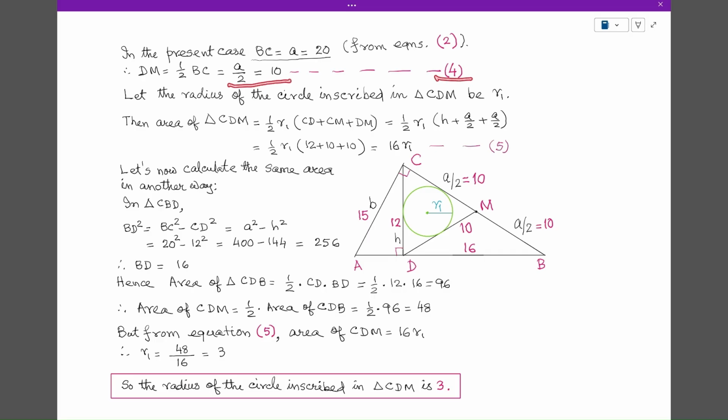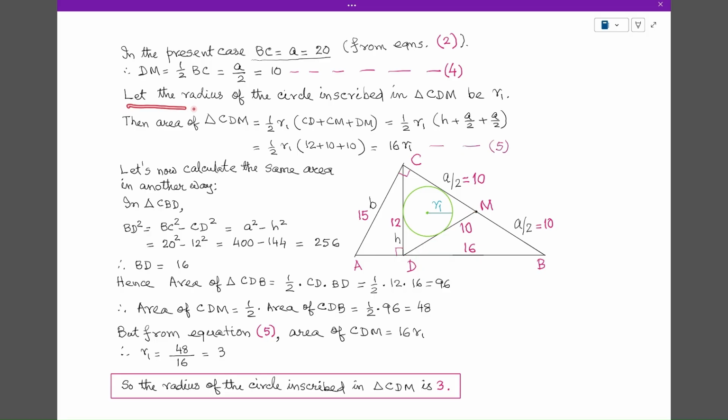Let us call this equation 4. That is, this is 20 and this is therefore 10 and this is therefore 10, which is A by 2 is equal to 10. And we have just now discussed that DM is equal to this, also equal to this. Therefore, DM is also 10.